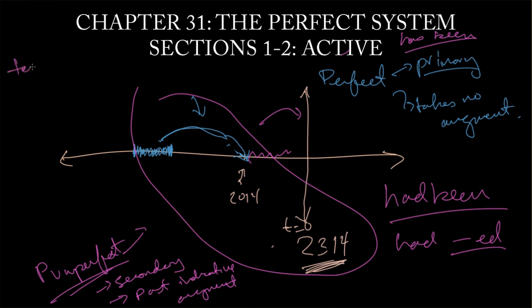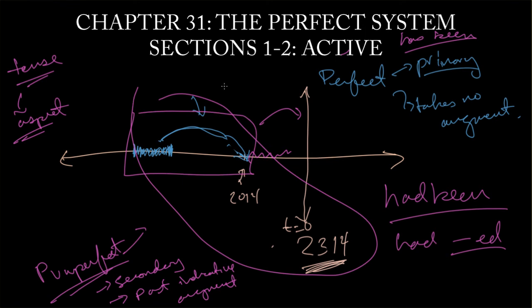So let's talk about that again. Perfect, we call it a tense, but really what we're talking about is aspect. We're talking about this notion, completed action. But of course these things do have tense because in the perfect, it's really a present tense, and I'll use that with asterisks around. It's a present tense verb because it's talking about present relevance of some completed action.